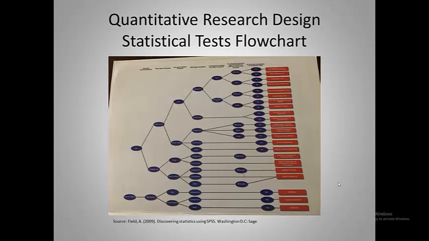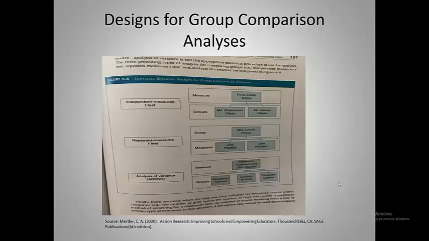So I hope you can find this useful, and I will make sure I put a copy of this on the course for you all to access. The second one is in your textbook also, and this is designs for group comparison analyses. This is from, again, Dr. Myrtle's book, Action Research, Improving Schools and Empowering Educators, 2020.